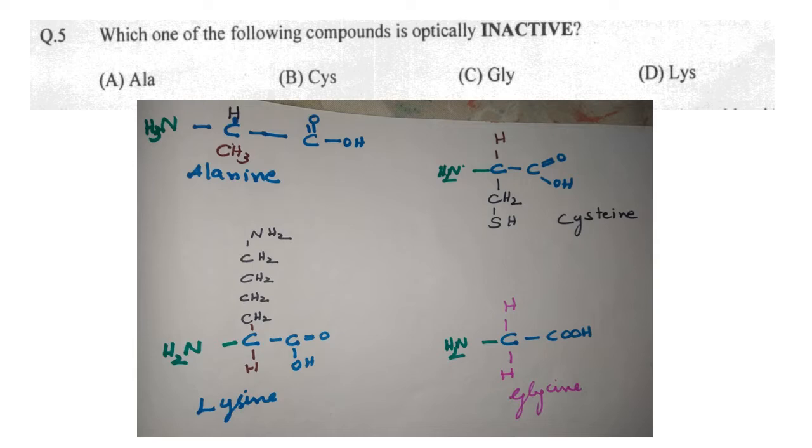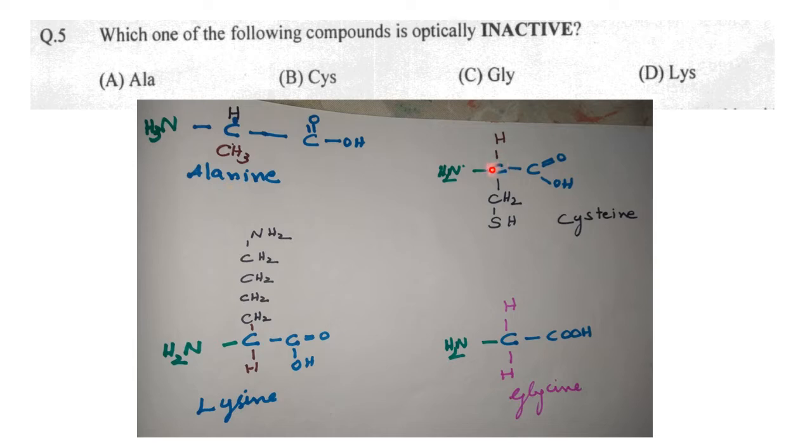So alanine has this structure. Now this is the alpha carbon atom and it has 4 different groups attached to it: one is the NH2 group, the other is the COOH group, then there is a CH3 methyl group, and then a hydrogen atom attached to the alpha carbon atom of alanine, so it is optically active.